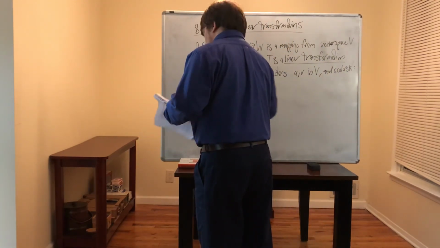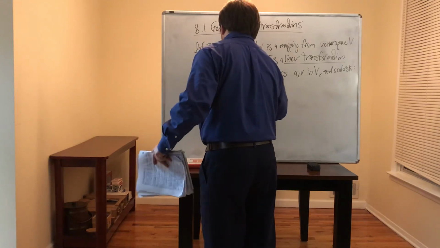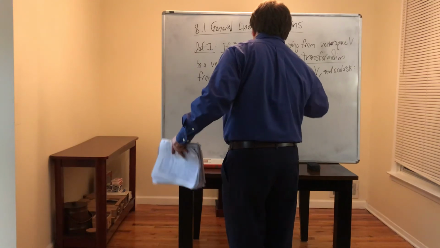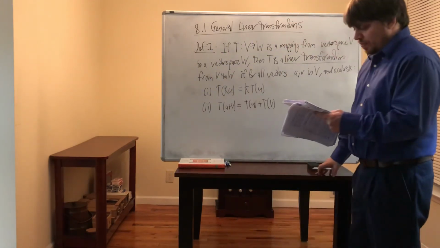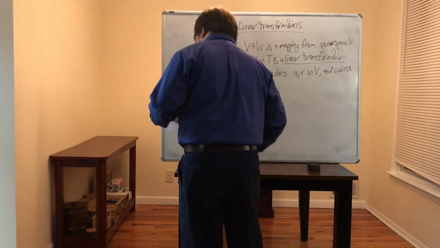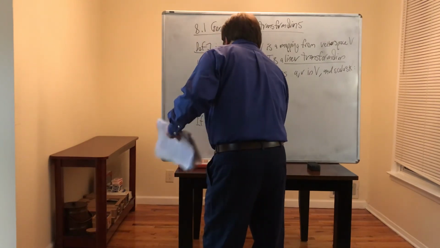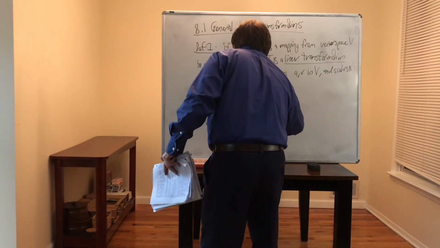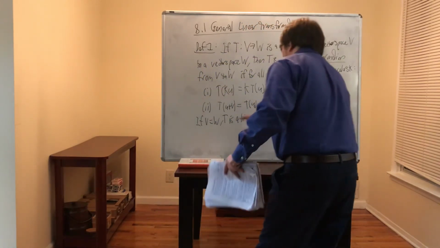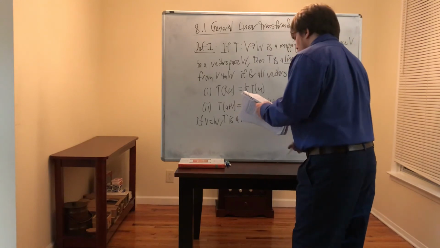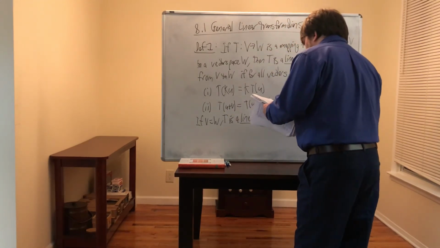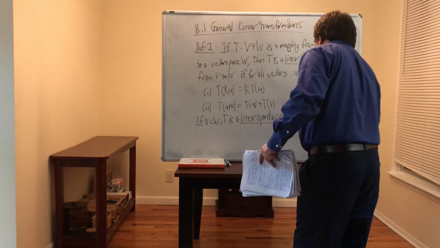And the second one, which is called the additive property, is T of u plus v is equal to T of u plus T of v. Okay, if V equals W, T is called a linear operator. T is a linear operator on the vector space V.